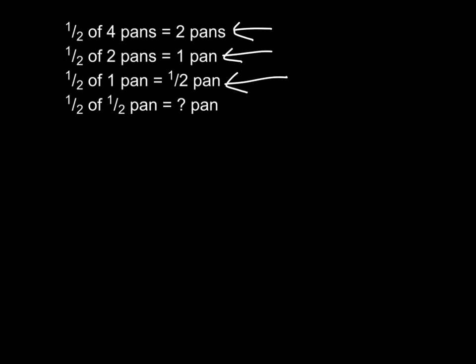You may have noticed that the answer is getting smaller each time. One of our factors is smaller every time, and the other factor is staying the same. And that means that our product will get smaller every time. So I am predicting that this product is going to be the smallest of all because this is the smallest factor of all, 1/2.